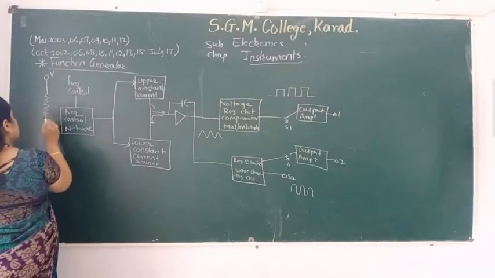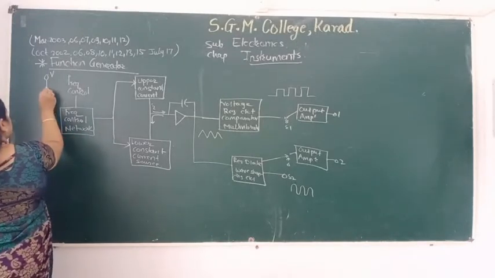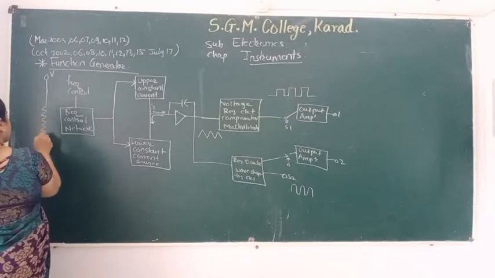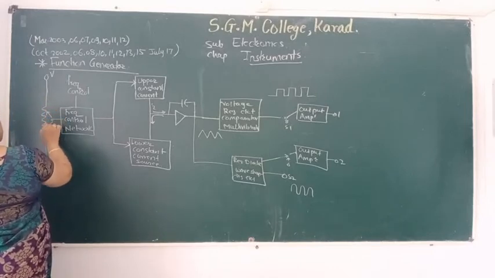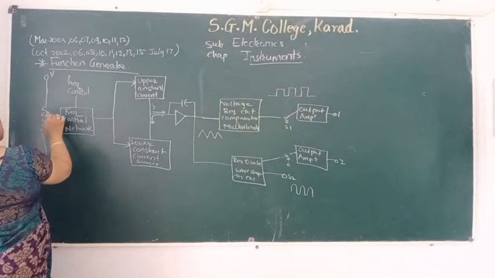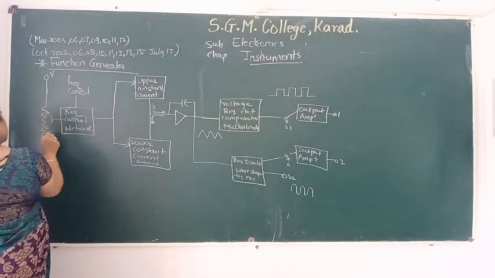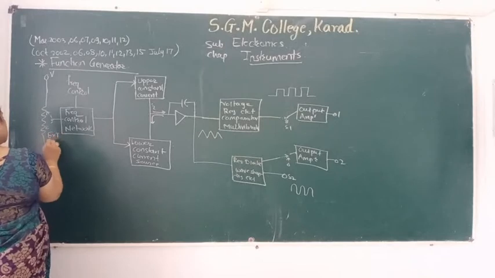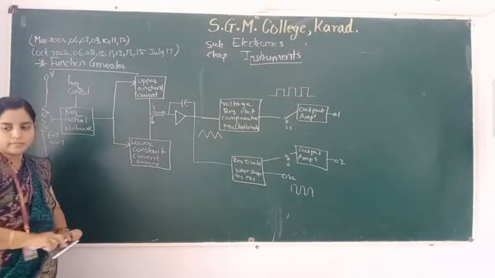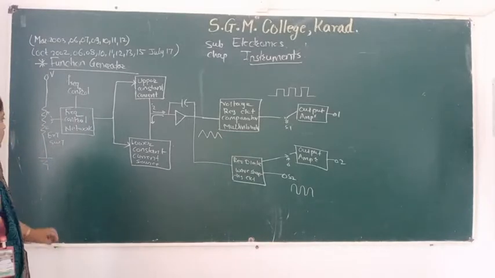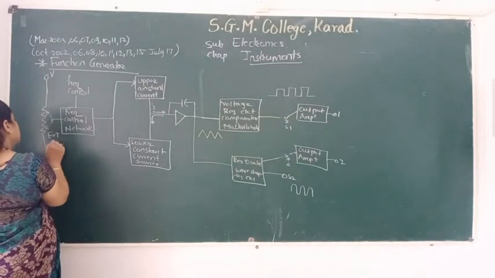Then one switch is there, between this voltage is applied or not applied in the switch. This is the external switch. Ground is here. External frequency control is there.